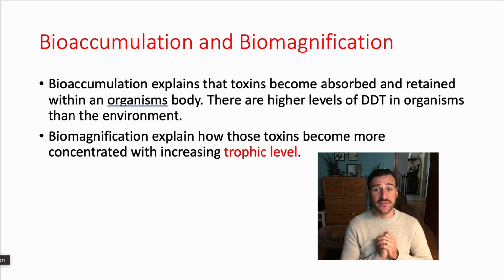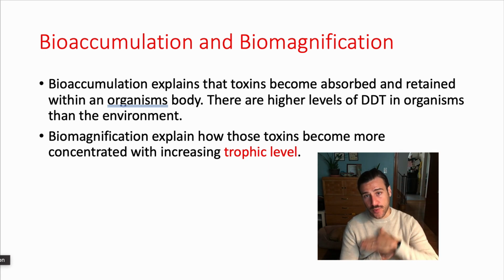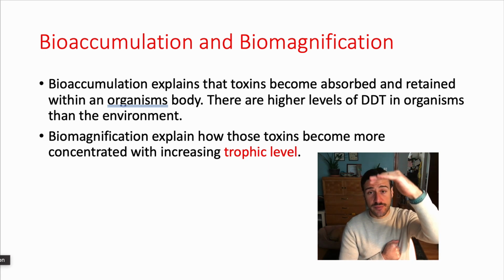Now, biomagnification explains how these toxins become more and more concentrated with increasing trophic level. So the higher you go up in the trophic level, remember you have producers, you have herbivores, you have predators, you have secondary predators, and tertiary predators.